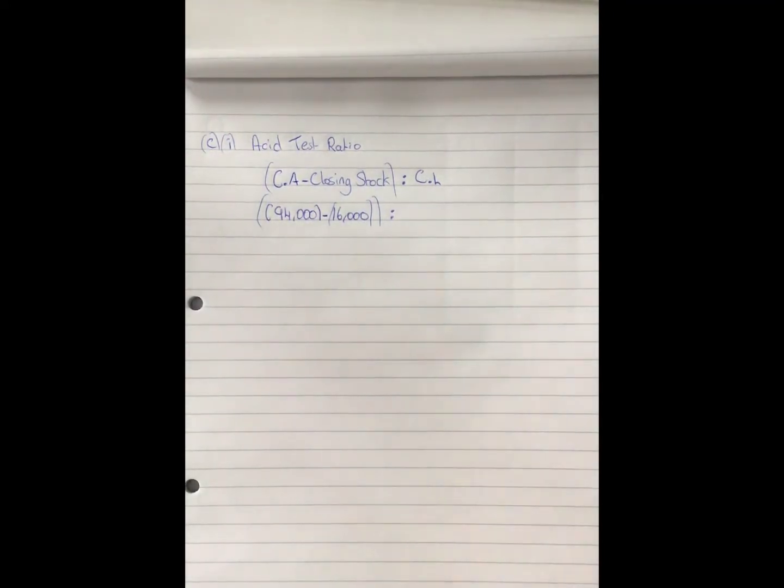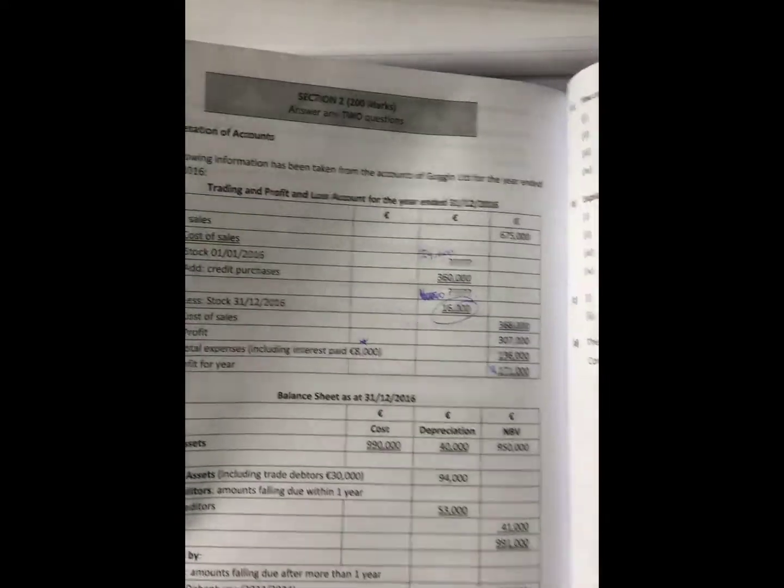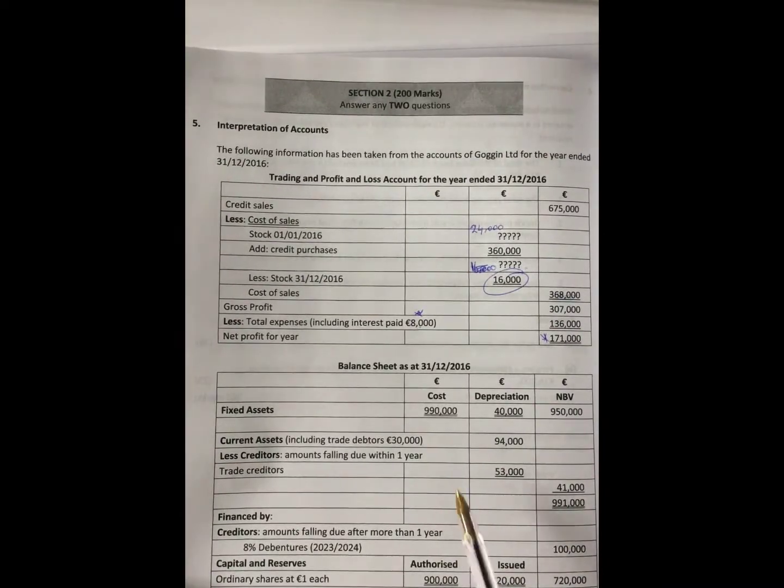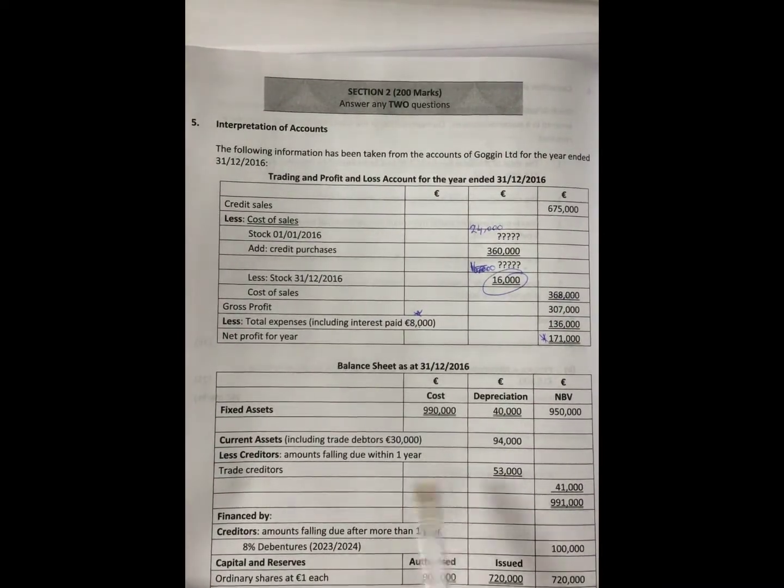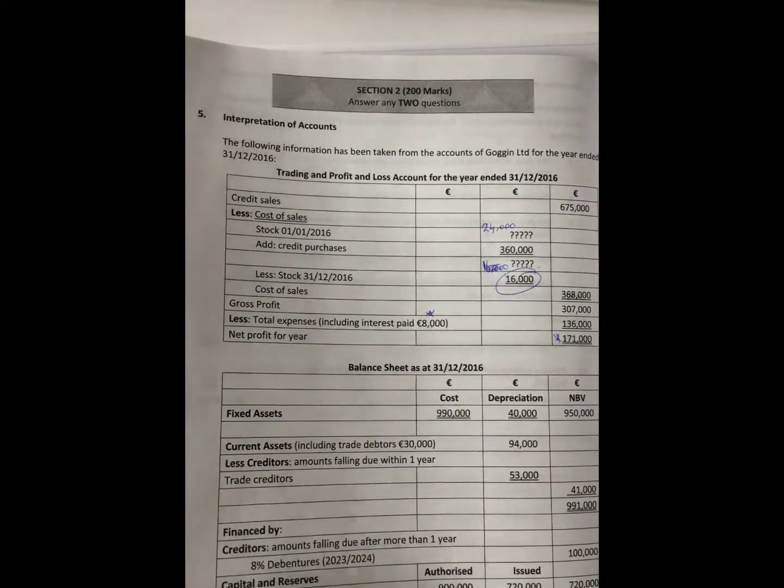If I look at my current liabilities, they're my creditors due within 1 year, so it's 53,000. Your current liabilities are obviously liabilities that are due within a year. So that's 53,000 euros.